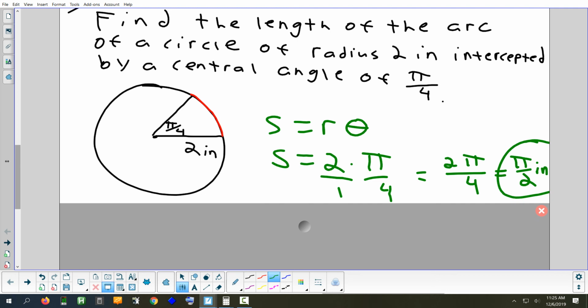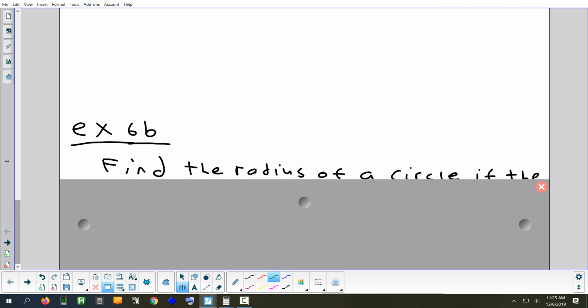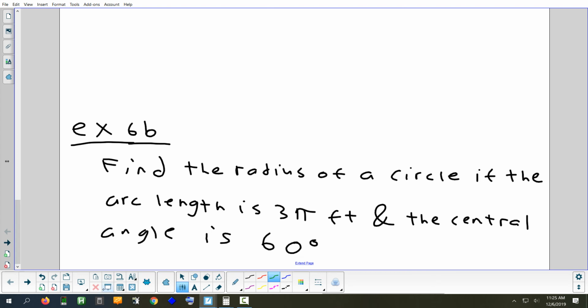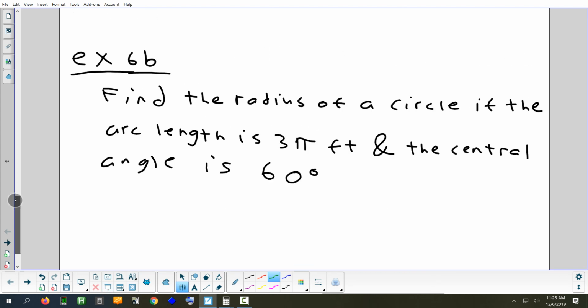All right, let's try one a little different. Instead of asking you for the arc length, I'm asking for the radius. So I've got a bunch of numbers.